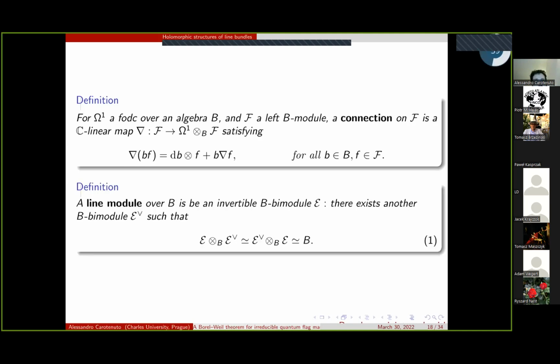And in the following, we will also need the definition of a line module. Sometimes I will call it a line bundle over B, which is an invertible B-bimodule, that means that there exists another B-bimodule E dual, such that E tensored over B with E dual and E dual tensored over B with E is isomorphic to B.